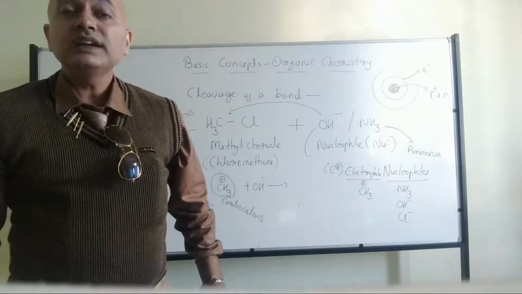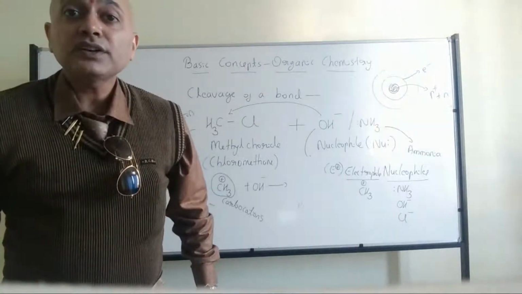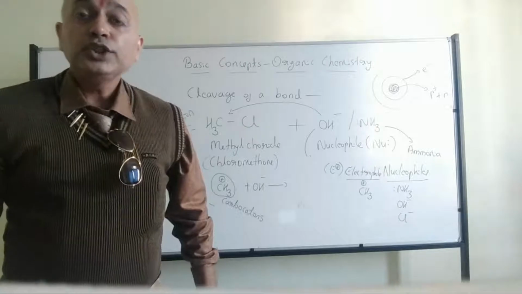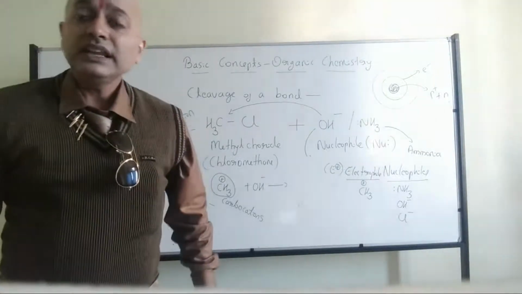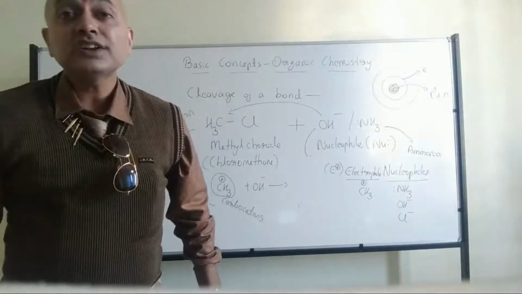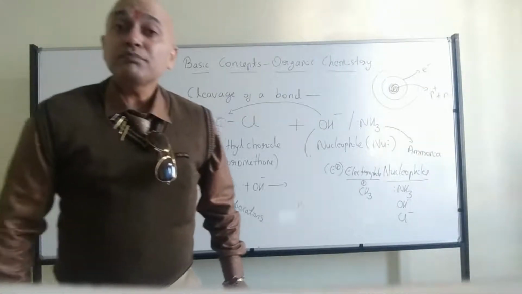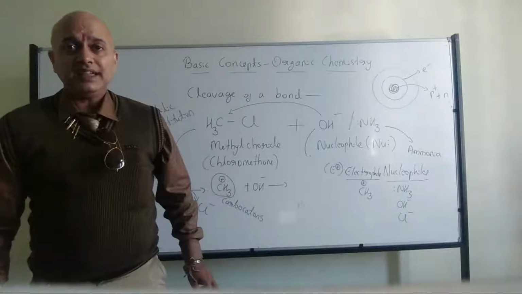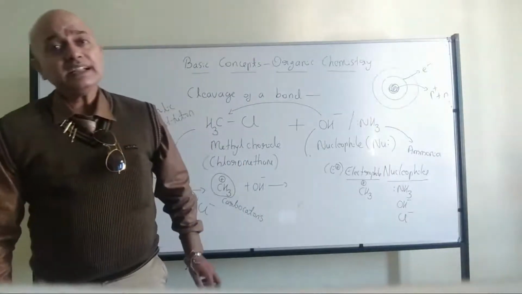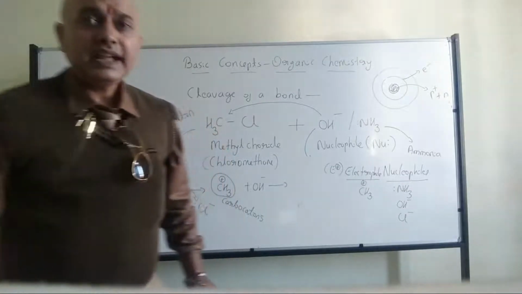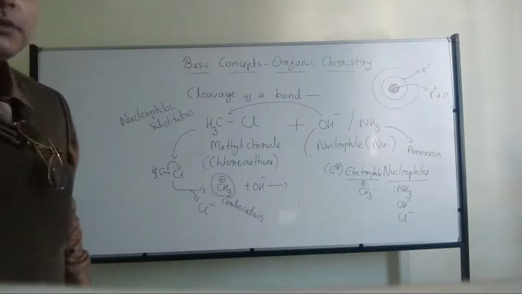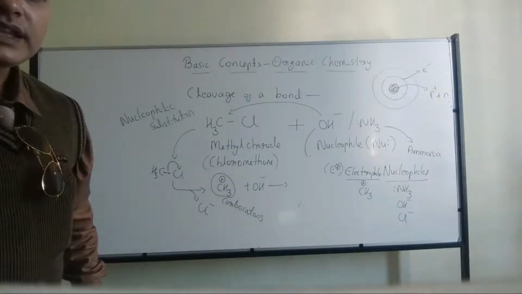Therefore, they have electron affinity. Nucleophiles have nucleus affinity, and electrophiles have electron affinity. Based on that, they have given the names nucleophiles and electrophiles. All of you got my point? Any doubt about whatever I have written on the board?